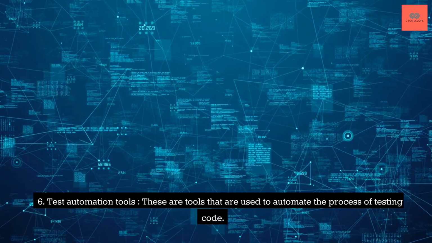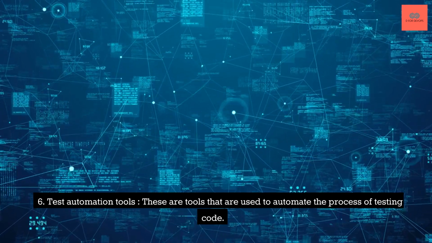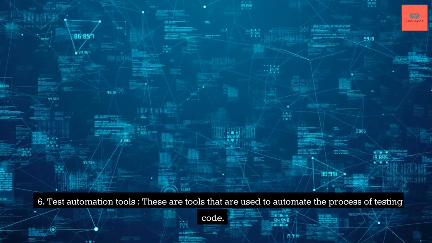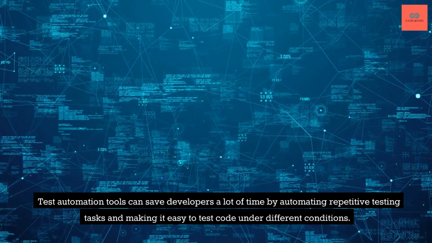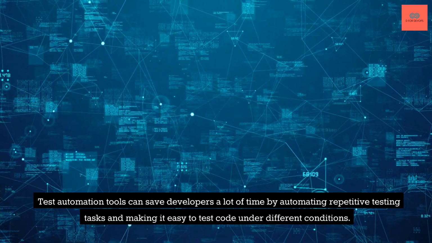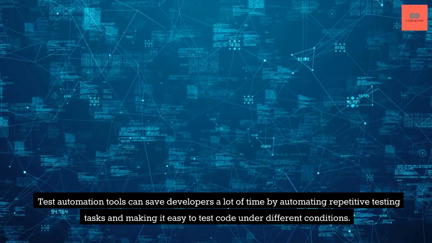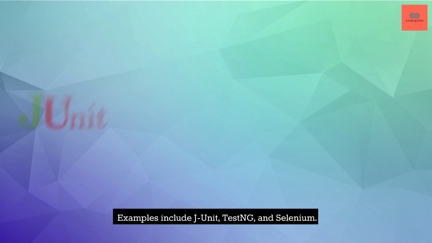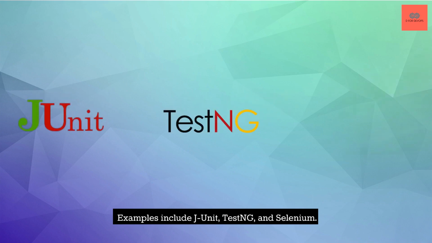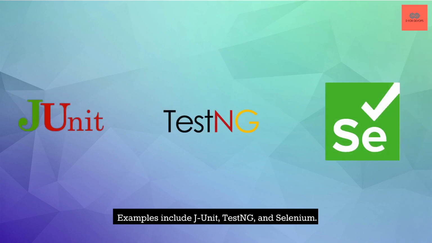Test automation tools. These are tools that are used to automate the process of testing code. Test automation tools can save developers a lot of time by automating repetitive testing tasks and making it easy to test code under different conditions. Examples include JUnit, TestNG, and Selenium.